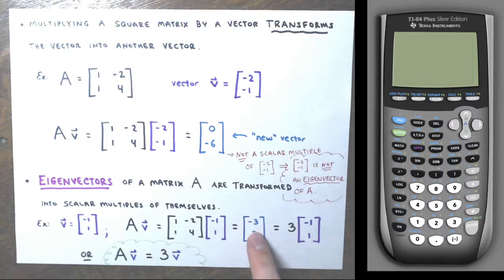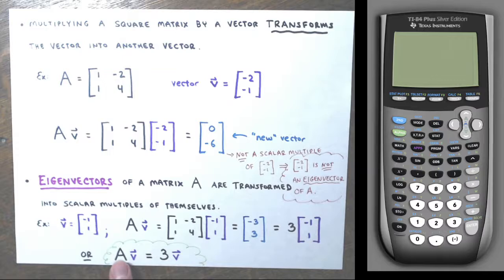Well, do you see that this vector -3, 3 is simply 3 multiplied by the original input vector -1, 1. So -1, 1 under this matrix is mapped to a scalar multiple of itself, just 3 times itself for the output.